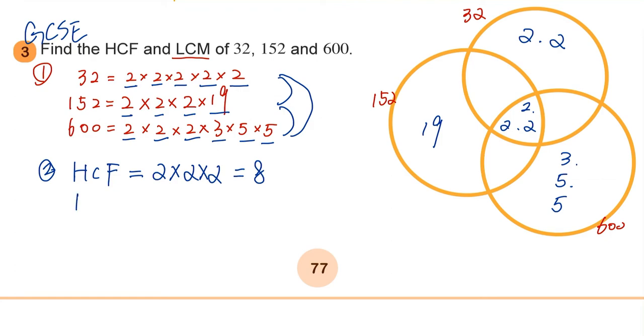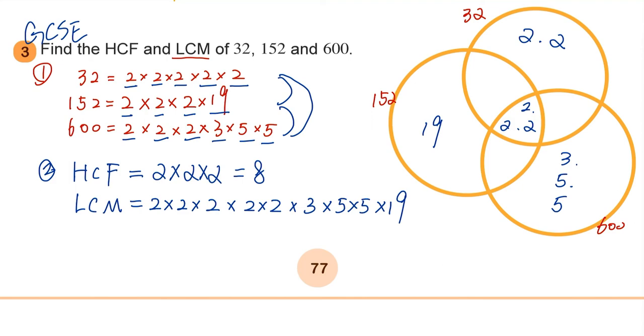Okay, and then for the lowest common multiple, what we do is multiply everything that you can see on this Venn diagram, including these numbers, these numbers, these numbers. So when you multiply them, you first get what you have in common, 3 2's, and then another 2 2's, and then a 3, and 2 5's, and 19.